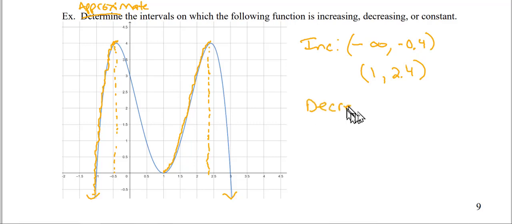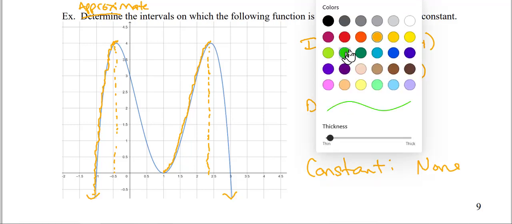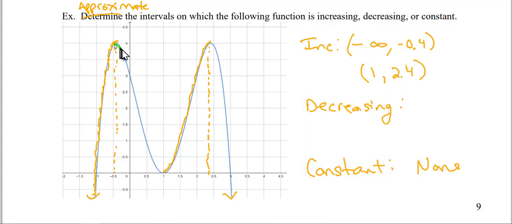And then decreasing is everywhere else because there is no place that this function is constant. Constant would be if it went straight across horizontally. Let's go with green for our decreasing. That's this part here.